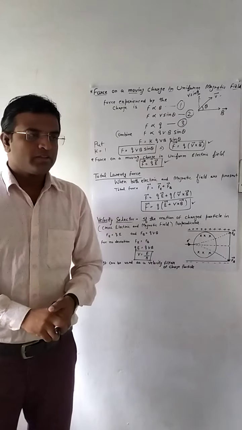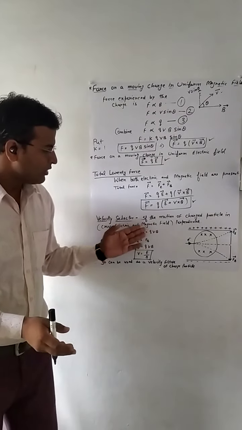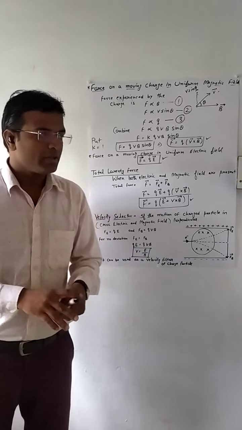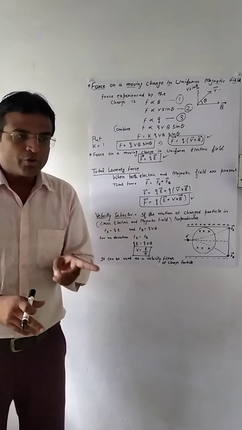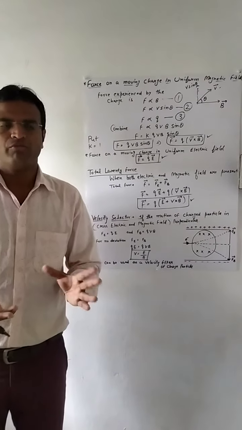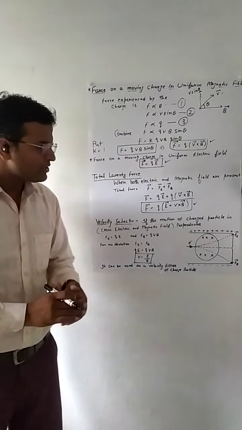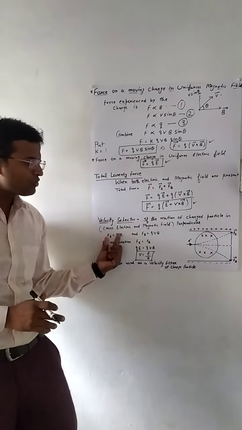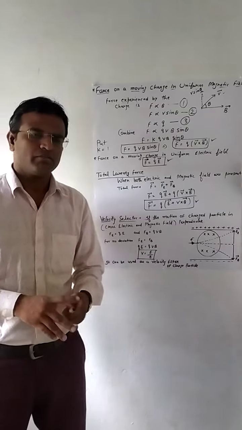When the charged particle moves perpendicular to the direction of electric and magnetic field, it means the motion of a charged particle in crossed electric and magnetic fields.